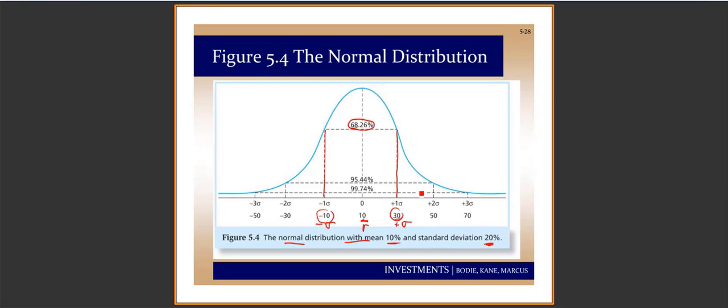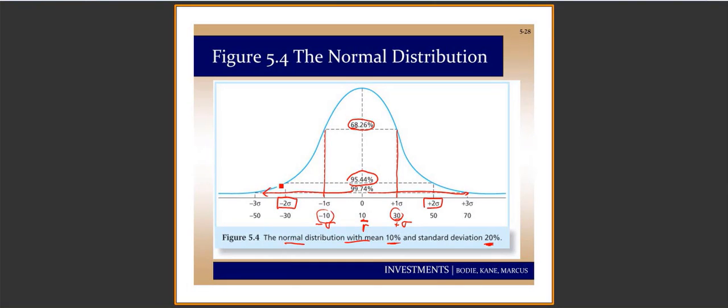There's a 68.2% chance. There's about a 95% chance if we go two standard deviations out. And then 99%, we got 99.7. But at least 99% of the area under the curve is within 3 standard deviations of the mean.